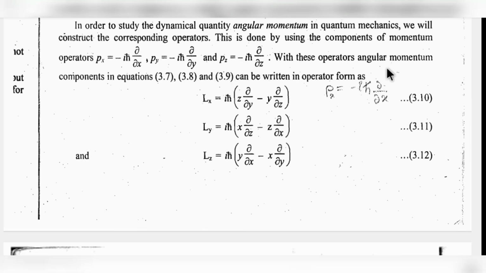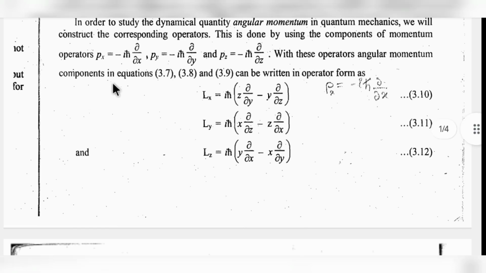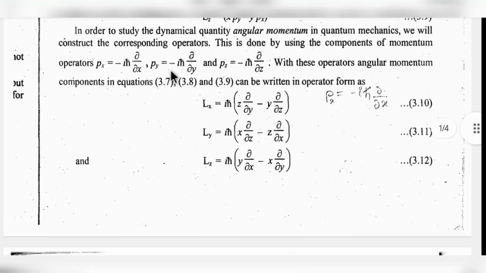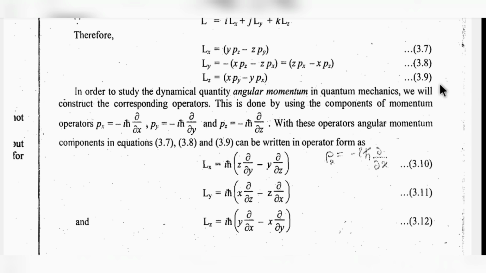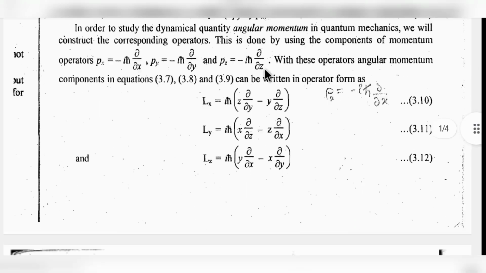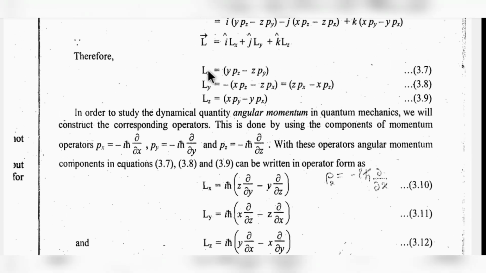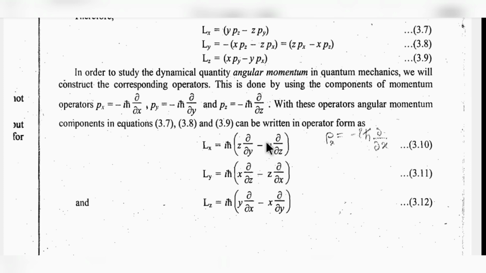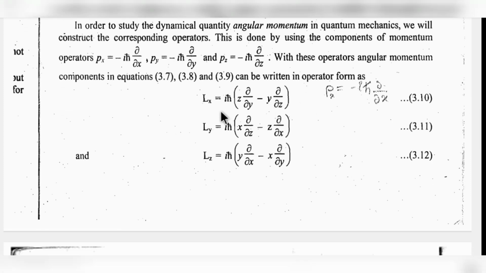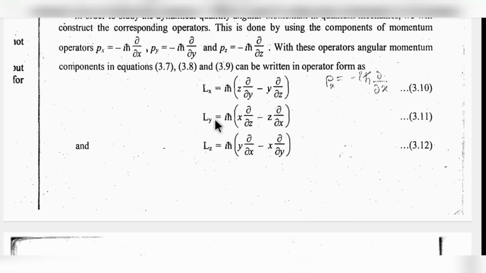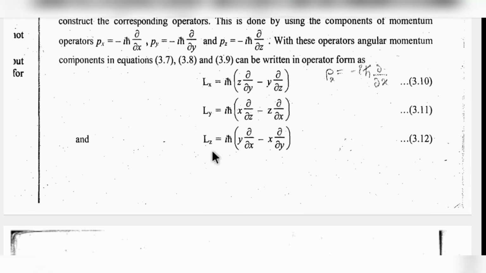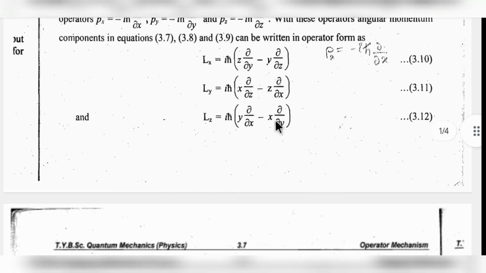With these operators, the angular momentum components in equations 3.7, 3.8, and 3.9 can be written in operator form. Angular momentum in the x direction has these values, in the y direction has these values, and in the z axis has this value.